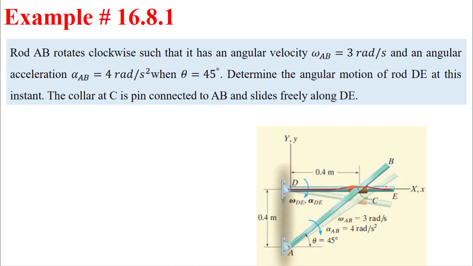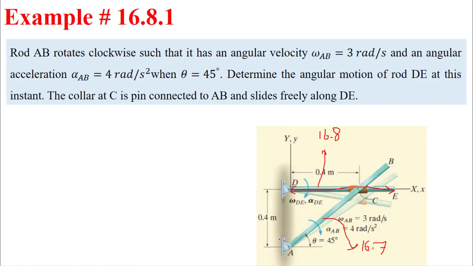So the equation of 16.8 is applicable for the link where the slider slides. So link DE, for example, will use equation 16.8. What about link AB? AB will use the equation of section 16.7.